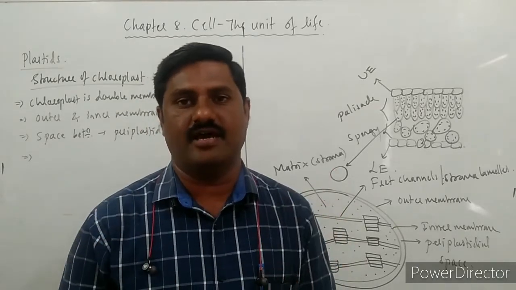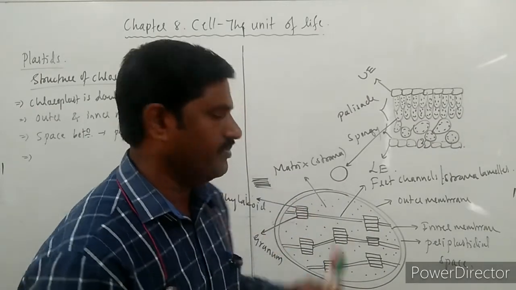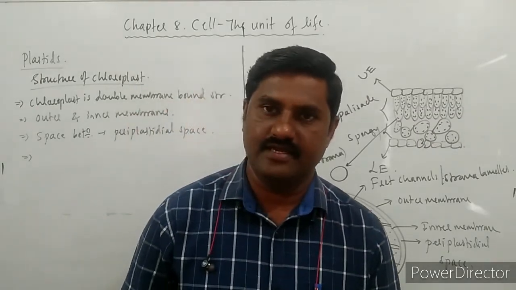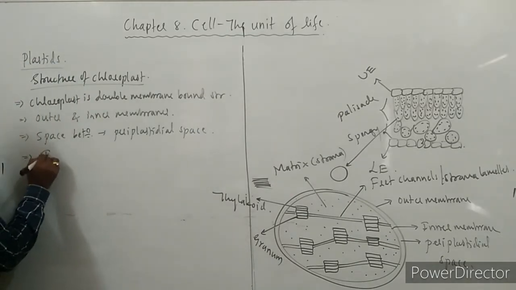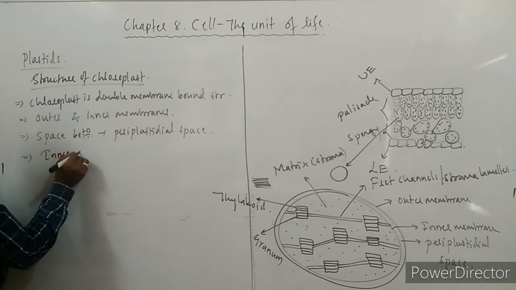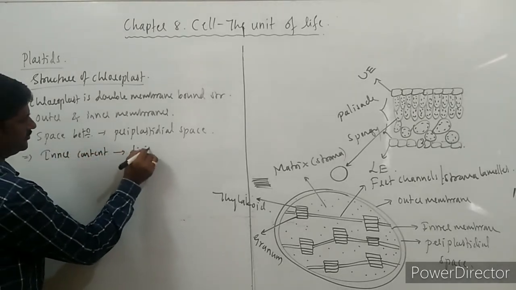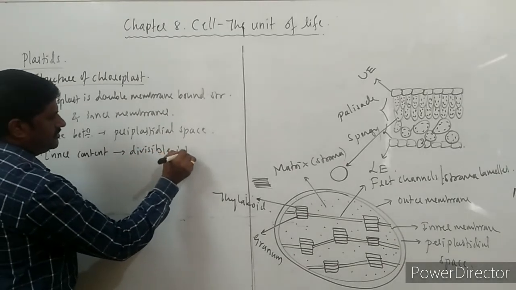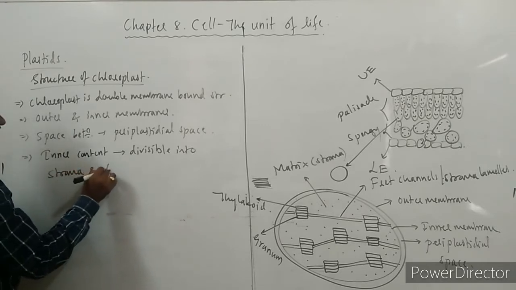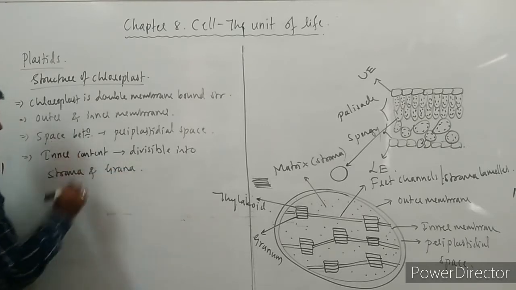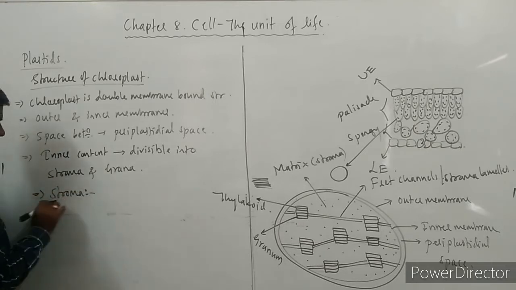Stroma as well as grana are the two major sections that we come across in each chloroplast, right? So in each chloroplast the inner content is divisible into stroma as well as grana. First of all, we will start with the stroma.